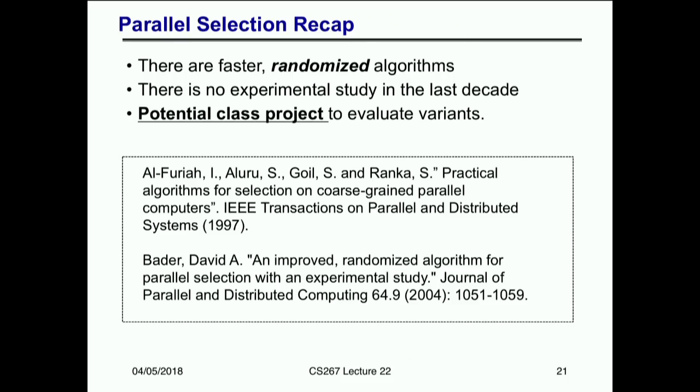Just to recap what's going on in the selection part. Do you remember the parallel graph algorithms where we solved a couple of problems like maximal independent set with randomization? You just tossed coins and picked vertices based on how their random numbers compared to their neighbors. And here randomization helps a lot, and it creates much simpler algorithms.